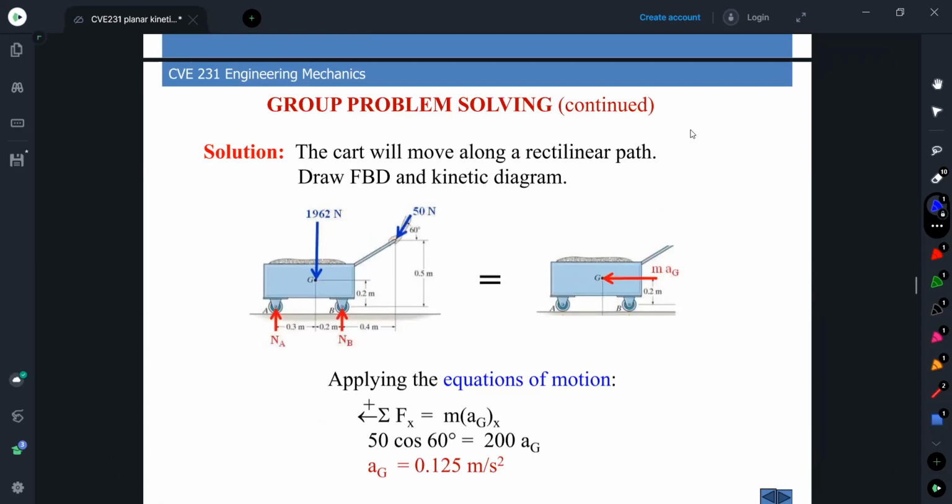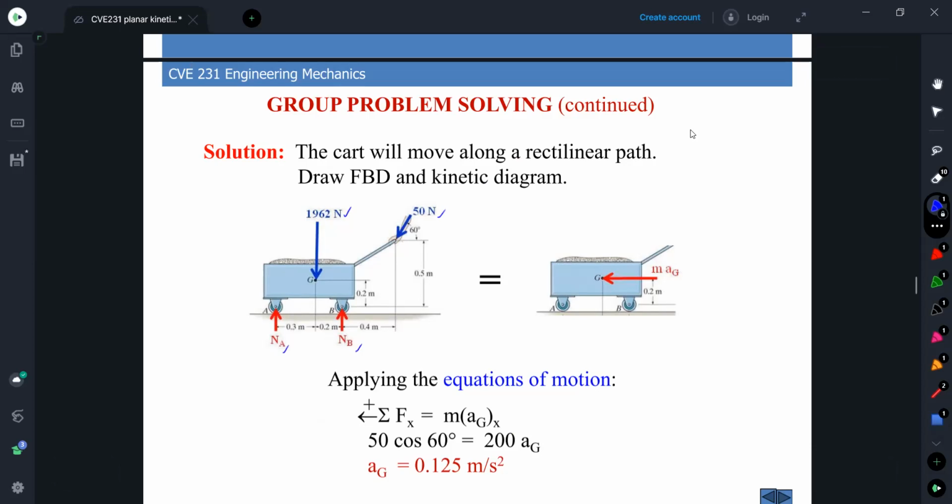On the free body diagram on the left hand side, we have the weight of the cart, which is 1962 Newton, and we would like to find the normal reactions at both wheels. We have the applied force at the handle, equal to 50 Newton.